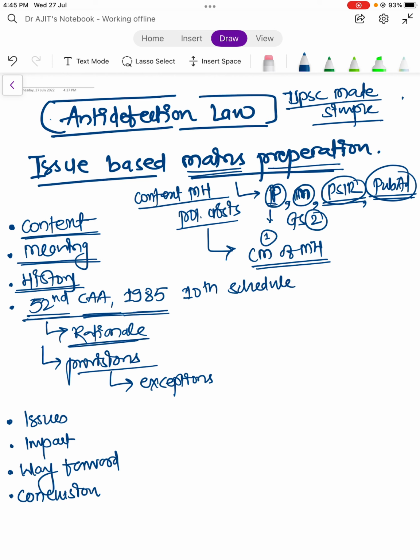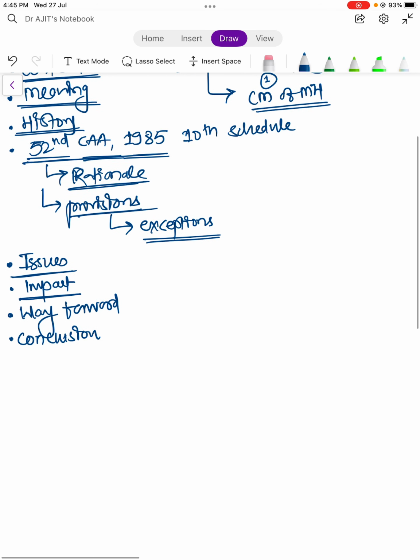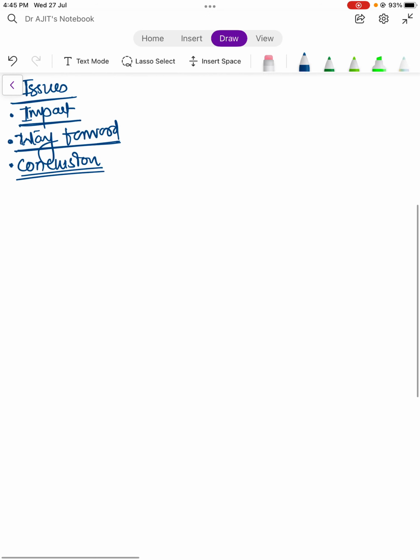Then we will see the rationale behind it, why this act was brought. Then we will see the provisions of this important act, then exceptions. Then we will see issues with respect to anti-defection. Then we will see the impact of anti-defection on the democratic setup. Then we will see the way forward, or what can be the possible solutions, and then we will conclude, right? So first we will start with the context of this issue.